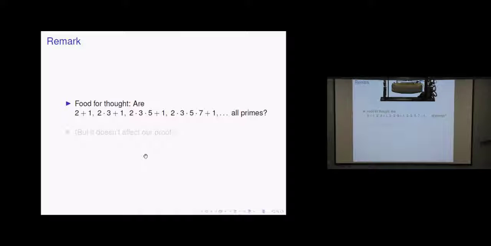Well, you don't need to give me the answer now. But whatever happens, it doesn't change our proof. Our proof does not need this fact. So think of it, if you have nothing to do. I know you are good. You know lots of things in math.